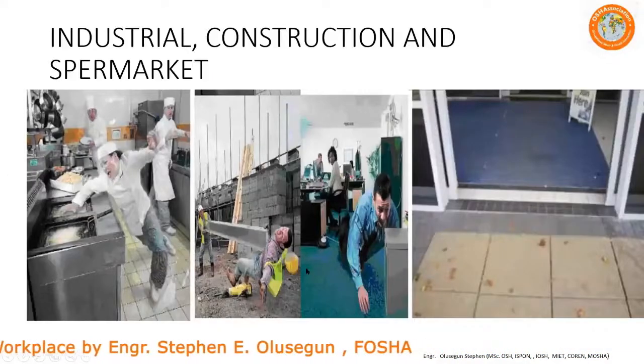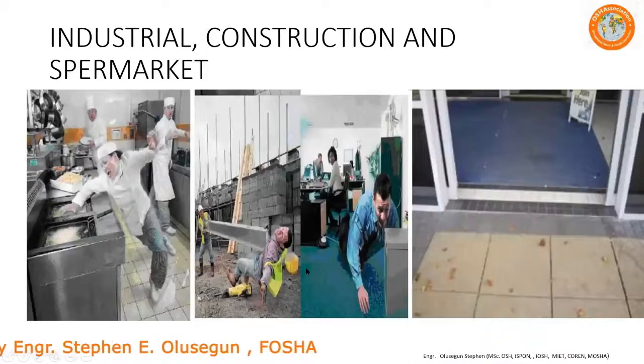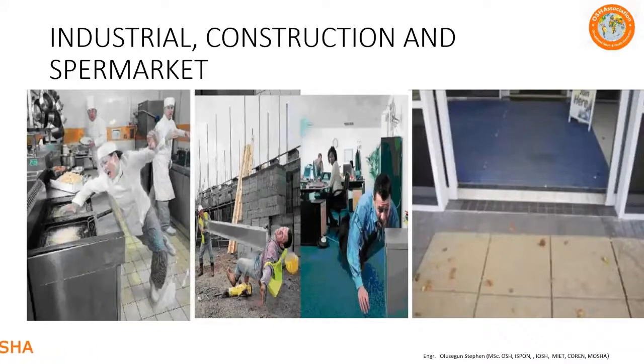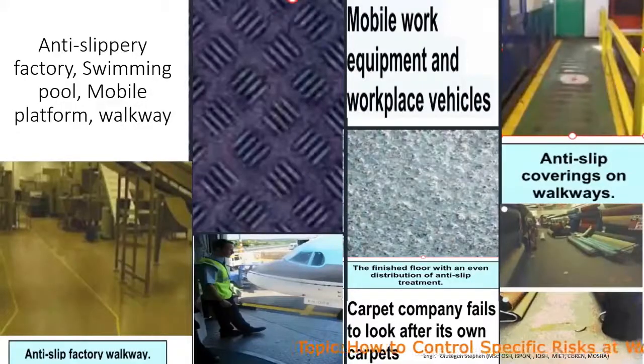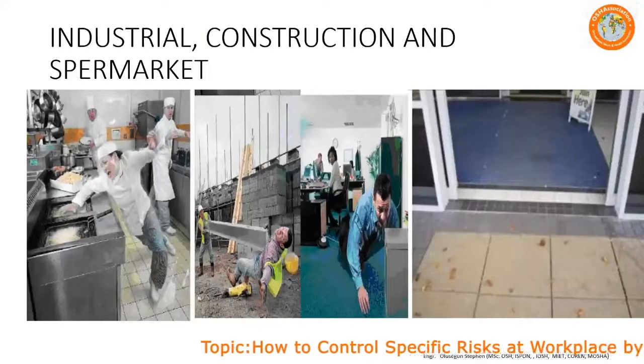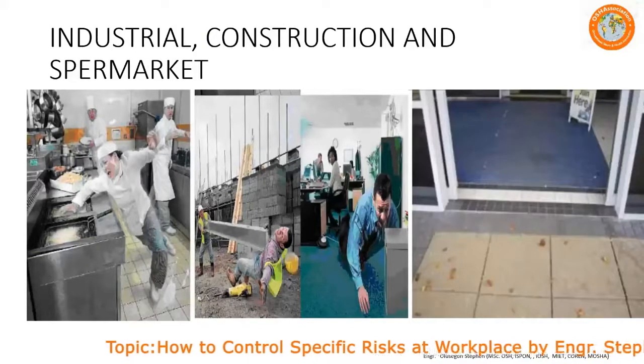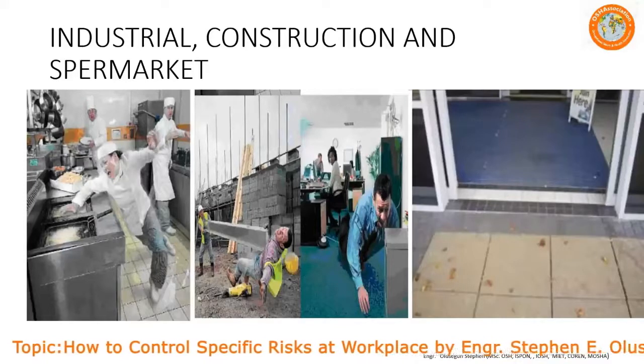And when you look at some industry, I put some examples here. This is a kitchen in a factory. You can see a lot of food on the floor, and you can also be sure that it's going to be wet, it's going to be a hot environment, and it slips.